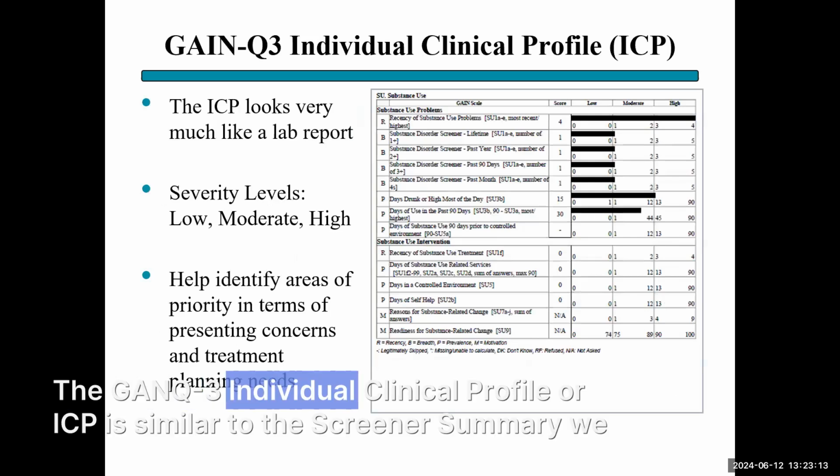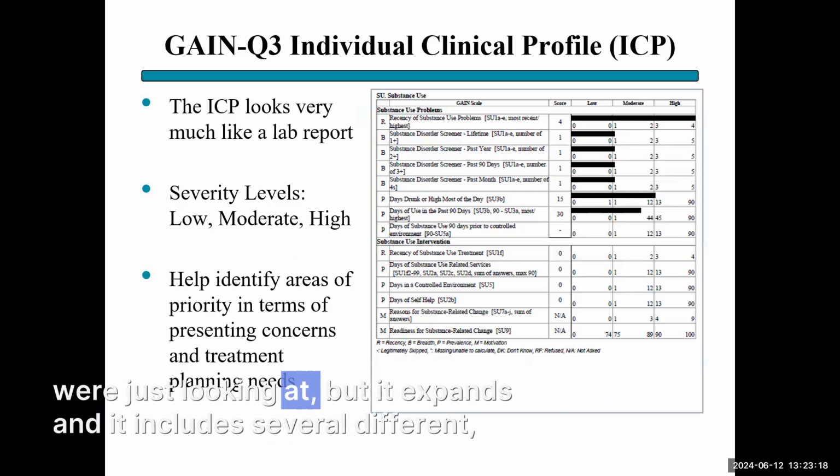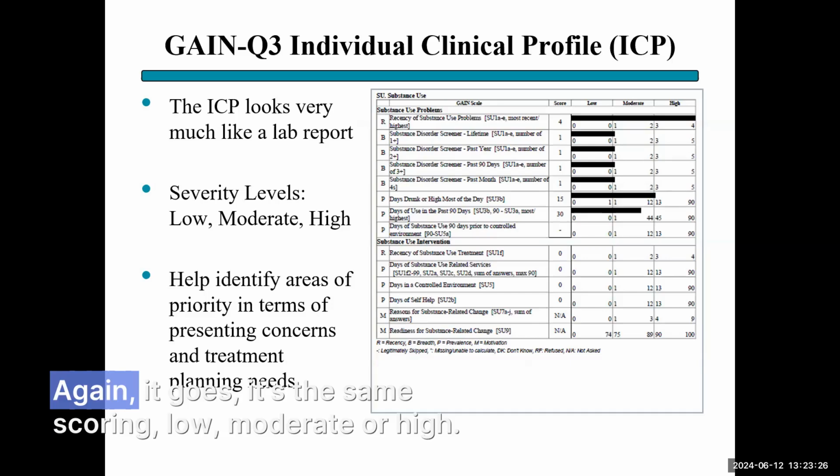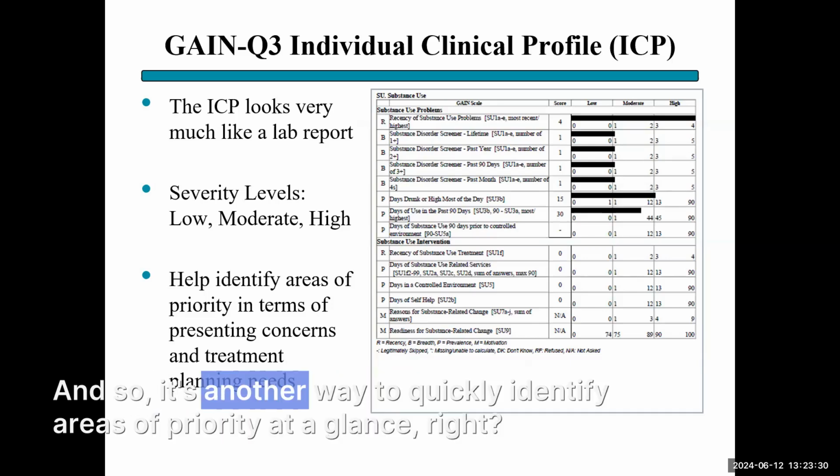The GAIN Q3 Individual Clinical Profile, or ICP, is similar to the screener summary we were just looking at, but it expands and it includes several more scales that are represented in the assessment, right? Again, it's the same scoring, low, moderate, or high. And so it's another way to quickly identify areas of priority at a glance, right?